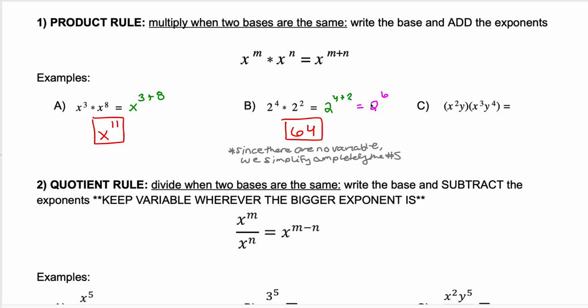That's why we did not leave it as 2 to the 6th power. That is not a wrong answer, but it is not fully simplified because 2 to the 6th is 64.